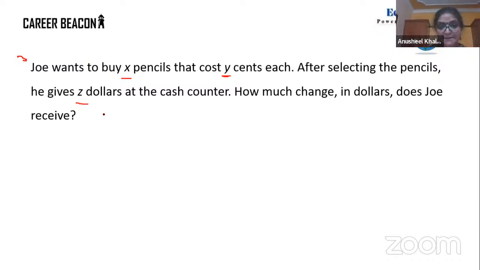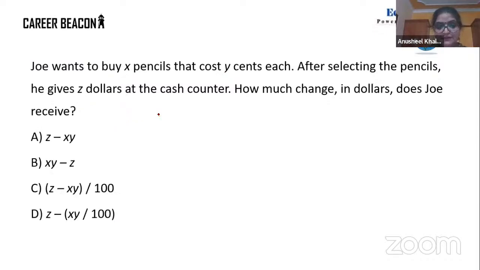Okay. So someone says Z minus XY. Great. This is the answer given by almost every student, because I've been discussing this question for years, and it's hardly one or two students who give a different answer, right? And you will see that this answer is the first answer in the answer choices, right?